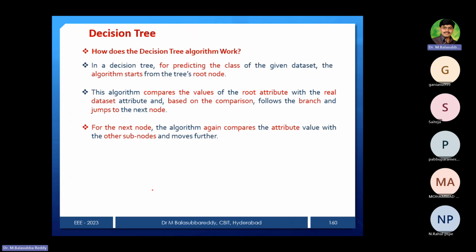For the next node, the algorithm again compares the attribute value with other subnodes, and it continues the process until it reaches a leaf node as the final. If we reach a leaf node, you can stop the process.